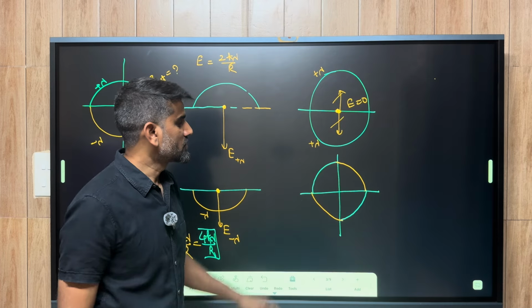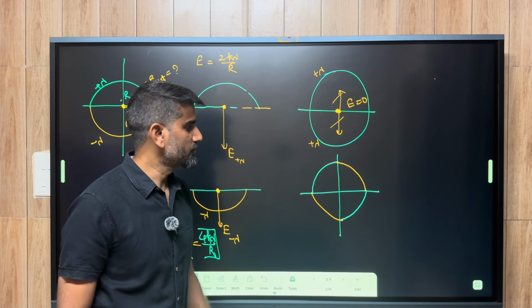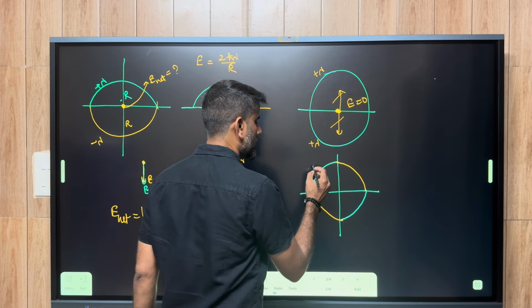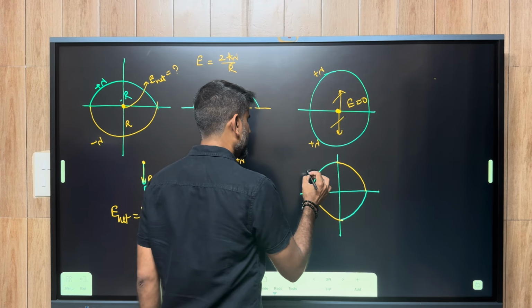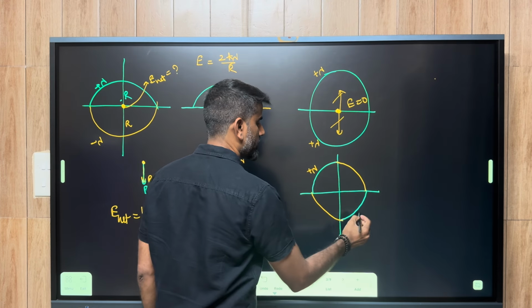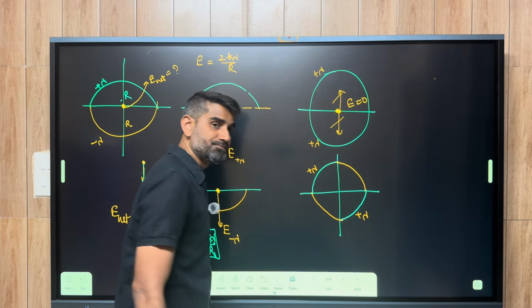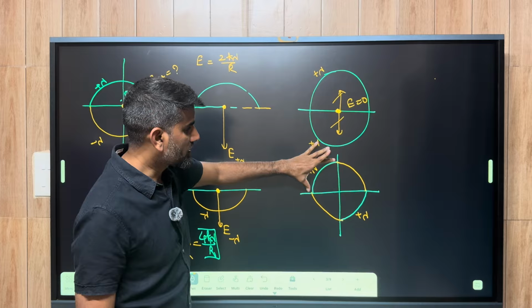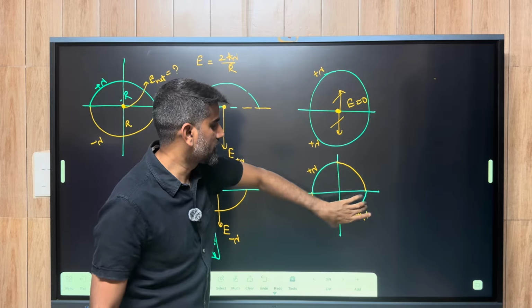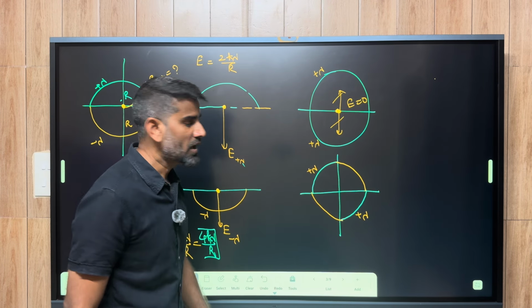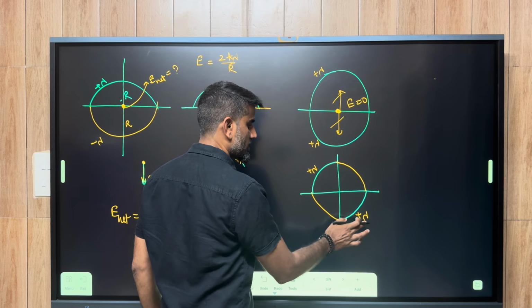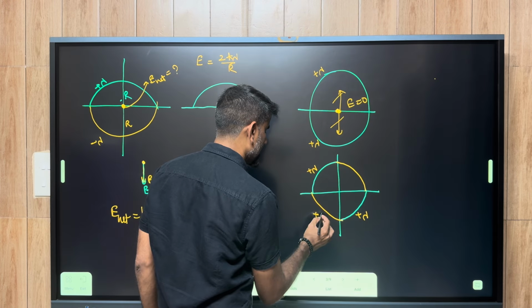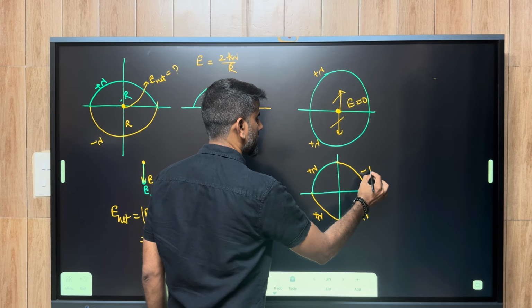These are all circular arcs, four quarter circles that I have taken, and I'm going to represent the charge densities. Linear charge density of this one is plus lambda, this is also plus lambda, and linear charge density of this one is plus lambda, and this one is minus lambda.